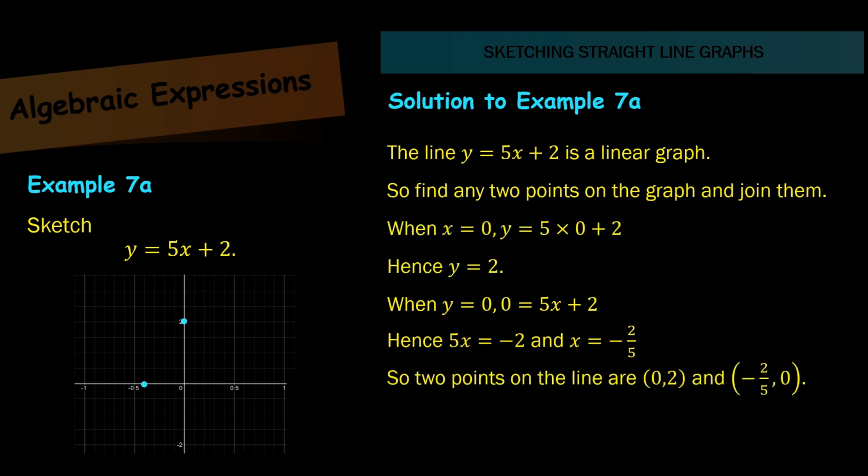So the 2 points on the line are 0, 2 and minus 2/5, 0. We can plot these on our graph. 0, 2 is as shown, and minus 2/5, 0 is as shown. We simply join the points and we have our line.